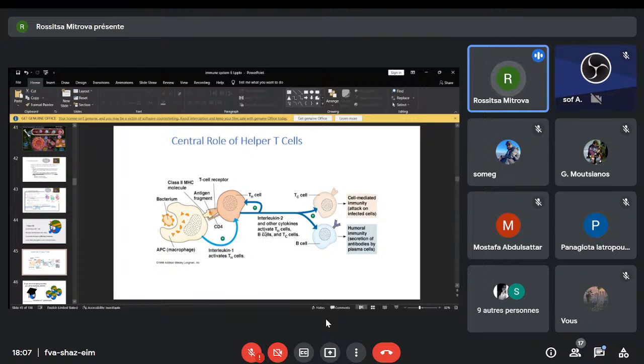They have the central role in the immune process. Here is a more detailed scheme of presenting antigen and of the helper T cell with its receptor, and then it activates the B cell.